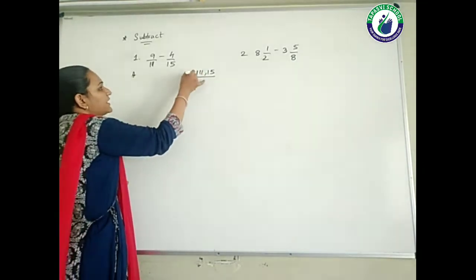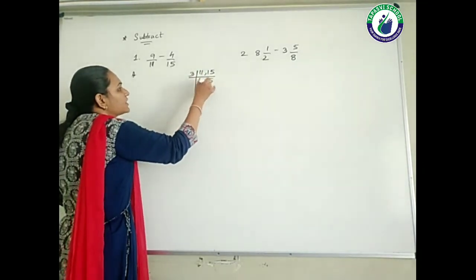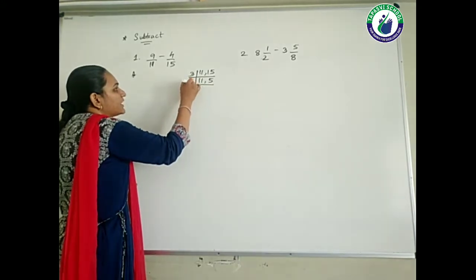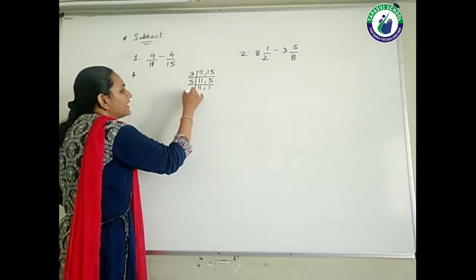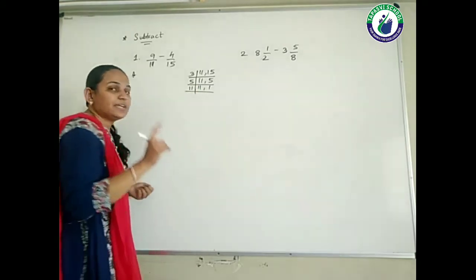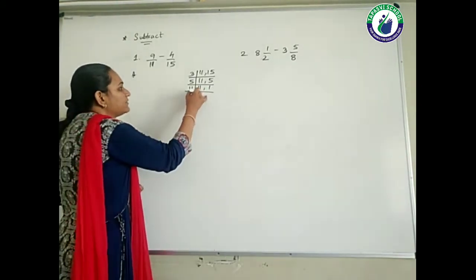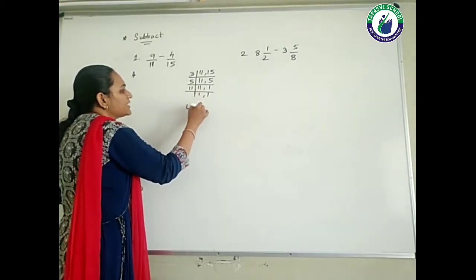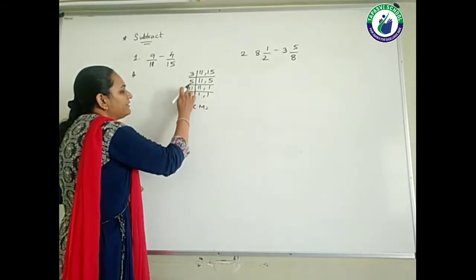So 15 comes in the table of 3. So 3 5s are 15. Again we can further write 5 1s are 5. 11 comes in the table of 11 only. So 11 1s are 11. So the LCM is 3 into 5 into 11.